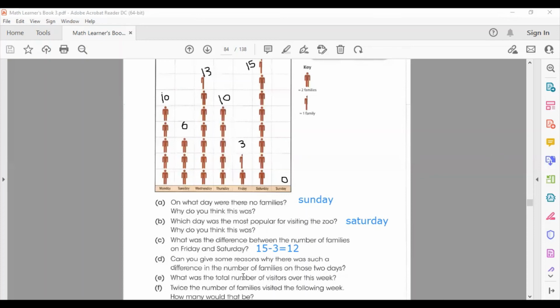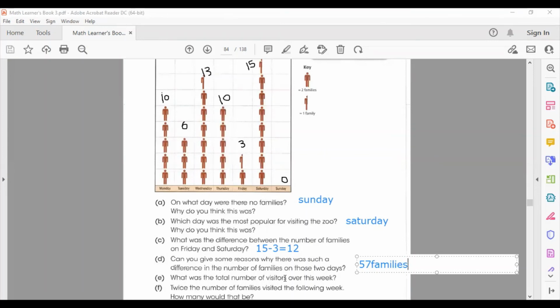What is the total number of visitors over the week? You need to add it. 10 plus 6, 16, plus 10, 26, 29, 39, 42, plus 15, 52, 57. If we add all these, it's 57 families.